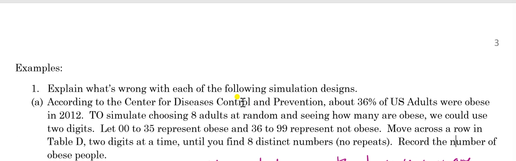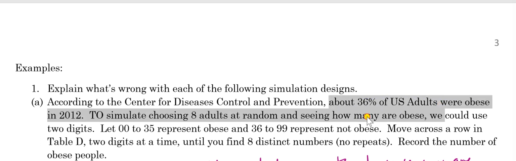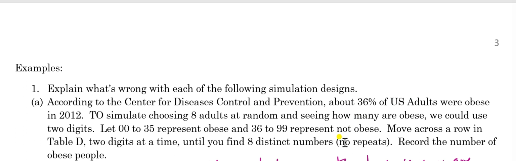Now pick 8 of them. How many are obese? So they didn't do that. Instead, they just gave us a blanketed 36% of US adults are obese. And so in this case, actually, we would include repeats.